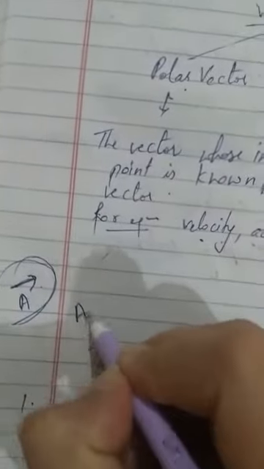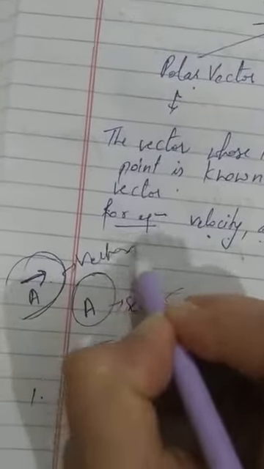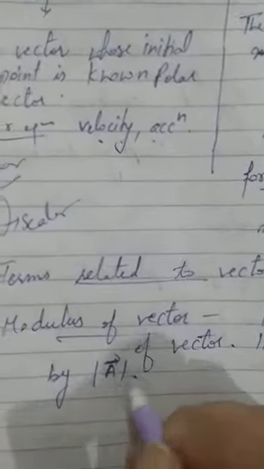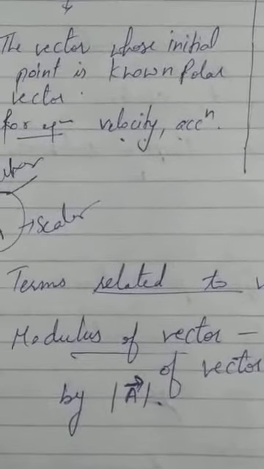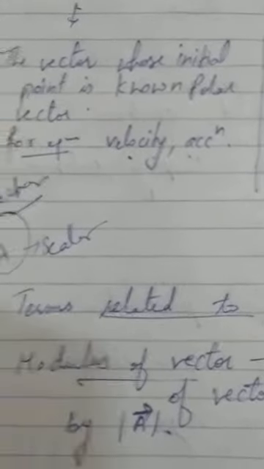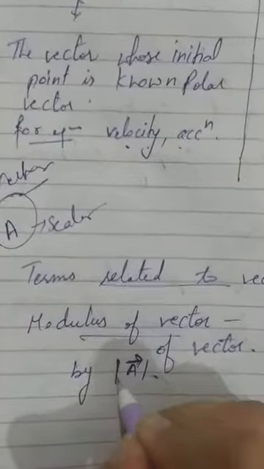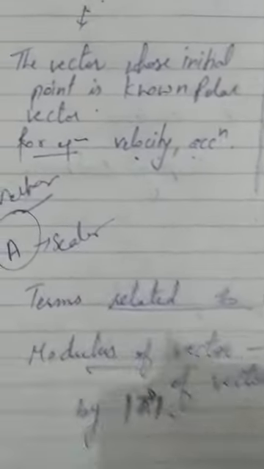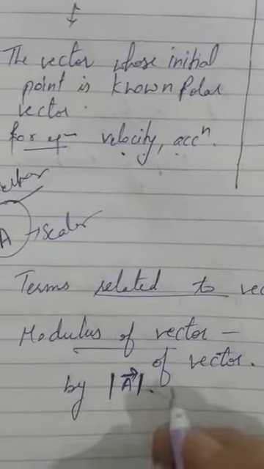If we do not use this sign, that means it is a scalar quantity. So this symbol indicates the vector form. Clear? And if we are finding the modulus of any vector, then we take the mode like this. Now how can we find the modulus of any vector quantity?